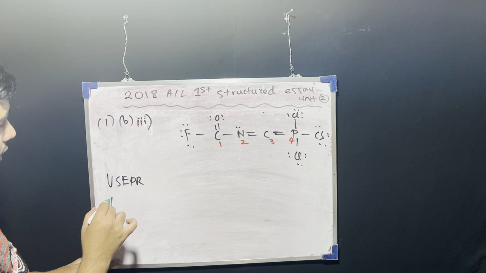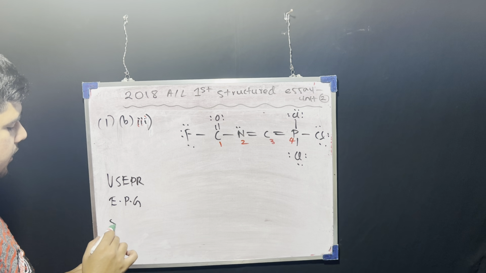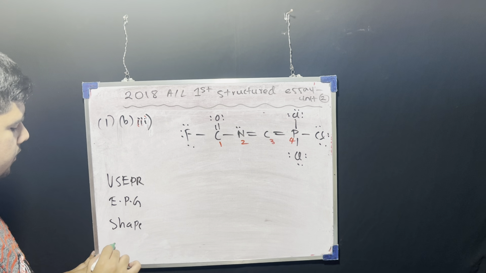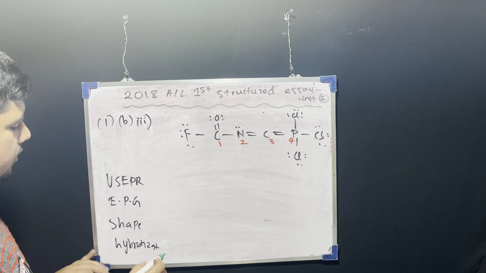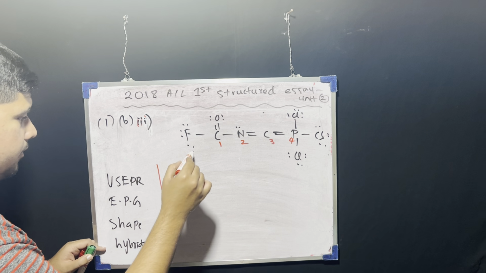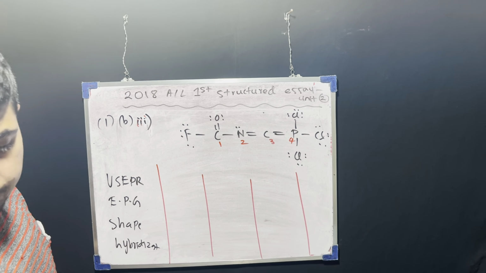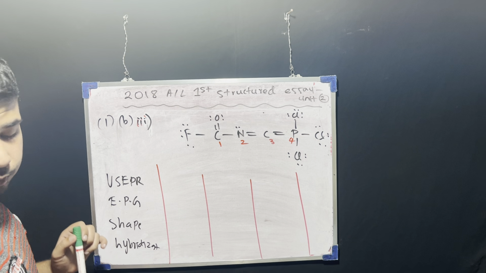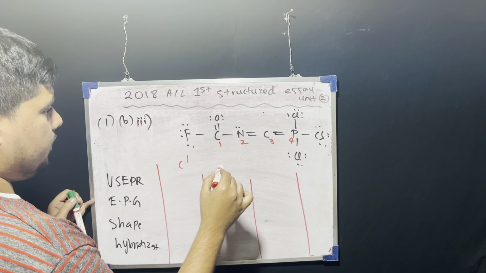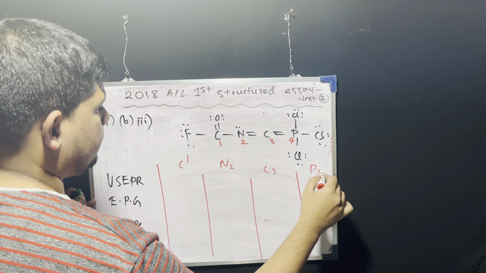VSEPR pair, electron pair geometry, shape and hybridization. C1, C3, P4.